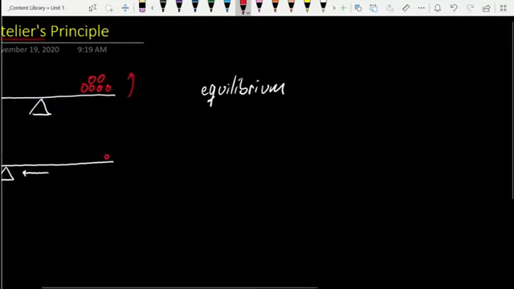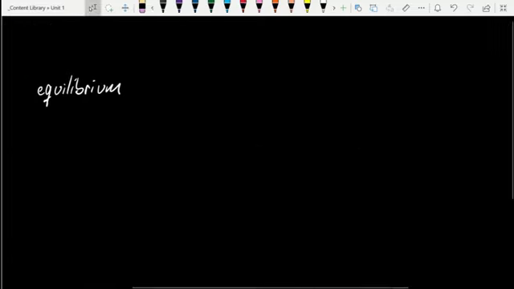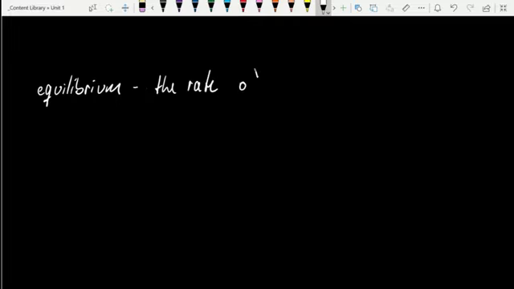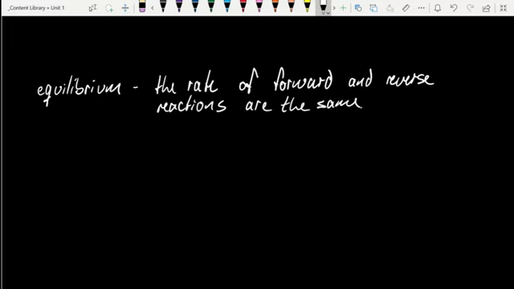Now, it is important to recognize, if we're talking about chemical reactions, equilibrium needs to be defined as the rate of forward and reverse reactions being the same. It's important to note, this says nothing about concentration.